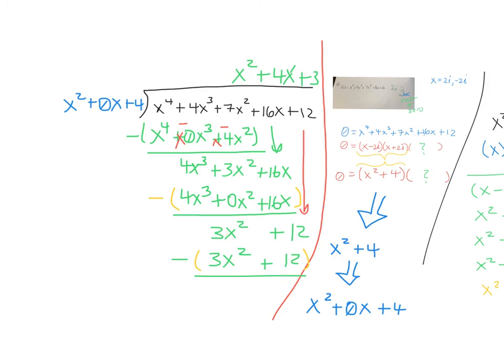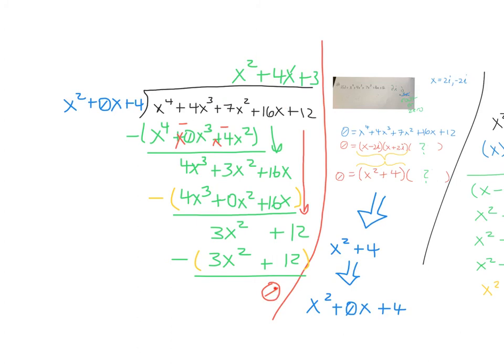Well, it's 3x squared plus 12 minus itself. Well, of course, that would be 0. So we have a remainder of 0, which is totally what we wanted. If you don't have a remainder of 0 after this long division process, then something went wrong.